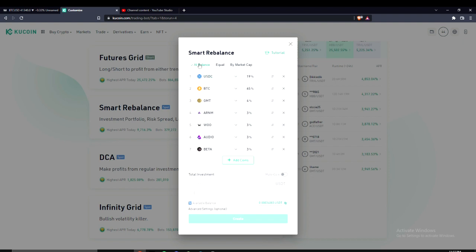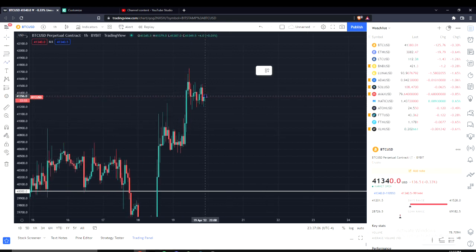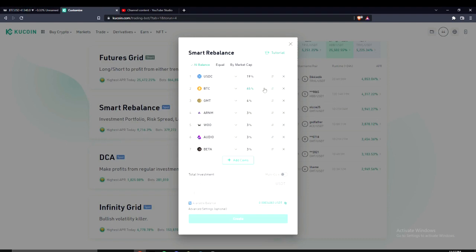Now, what'll happen is, let's say Bitcoin goes down, right? It just flops. Let's say, for instance, instead of 65%, it's now worth 60%. Now, this is where the smart rebalance bot comes in, because you could just buy all these different coins and set some percentages based on the amount of currency.